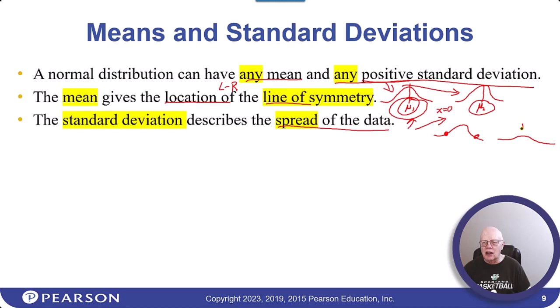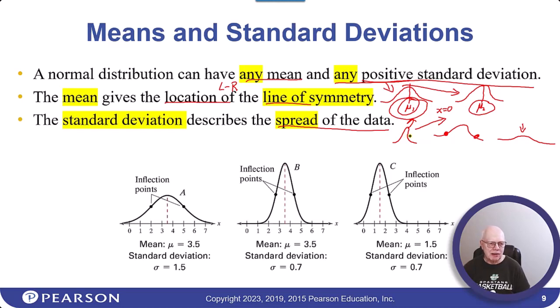This one would have a greater standard deviation, a larger one. If I did the opposite, if I took these two handholds and pushed them together and ended up with something like this, all squeezed together, that wouldn't have much of a standard deviation. It would have a small but positive standard deviation.